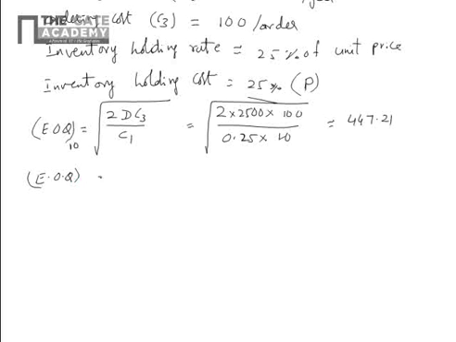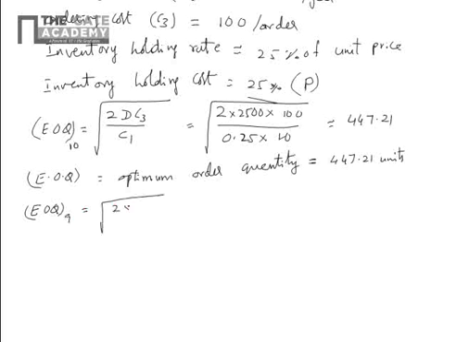So EOQ, the optimum order quantity, is equal to 447.21 units. If you want to cross check this, you can do EOQ at 9 rupees, equal to square root of 2 into 2500 into 100 divided by 0.25 into 9.